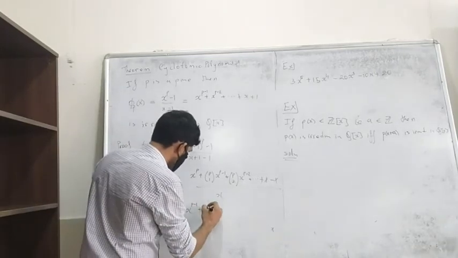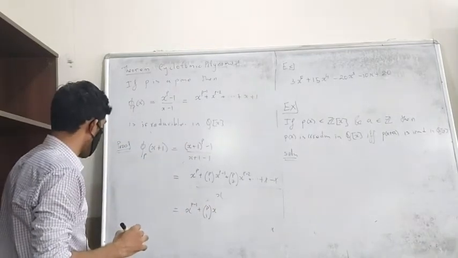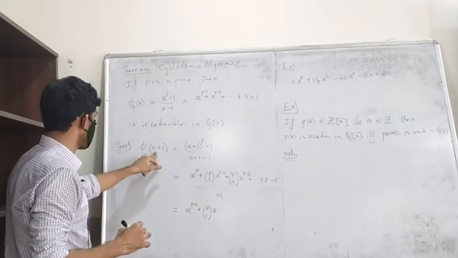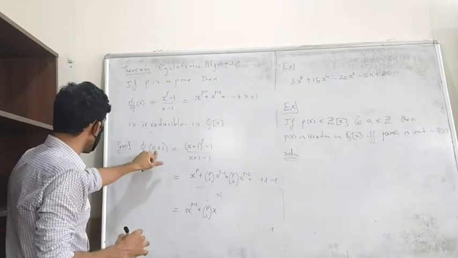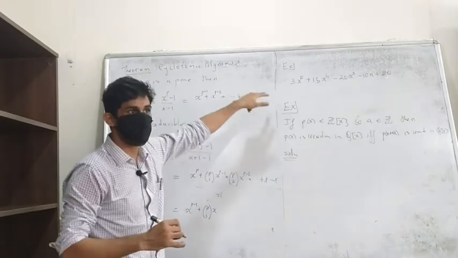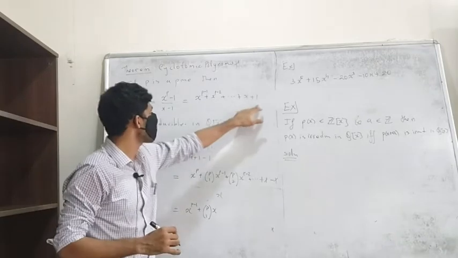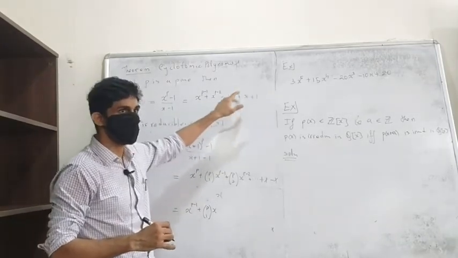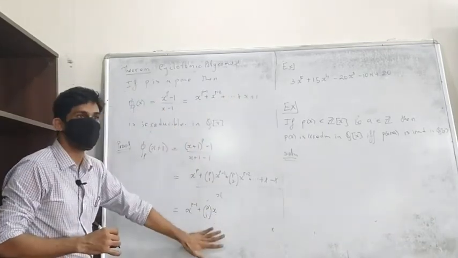When you put x equals 0, you should get phi p of 1, which should give you p. Substitute 1 over here, what do you get? p. So at the end you need to check that you get p.